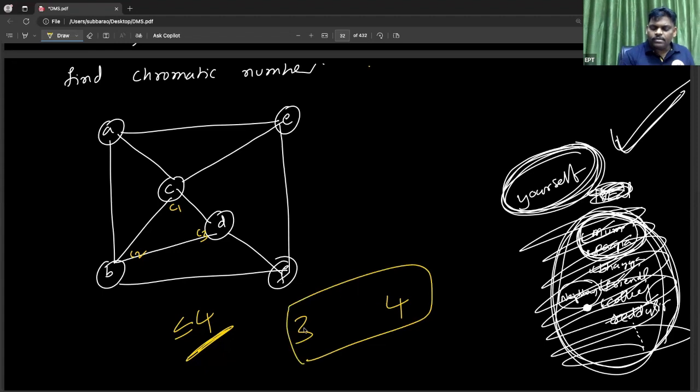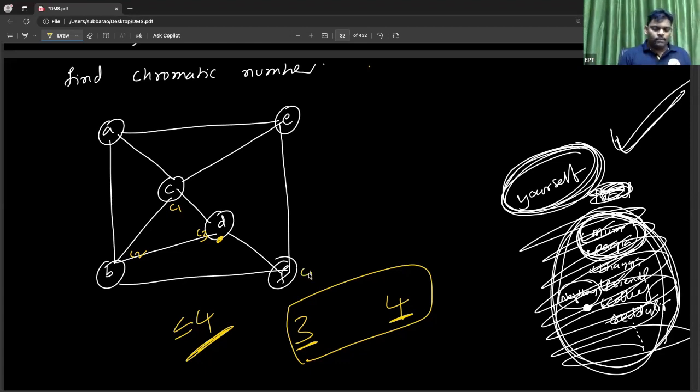Minimum 3: by seeing this cycle, I got to know minimum 3. By seeing this is planar, maximum 4. Answer is either 3 or 4. Check further. What you want to say, please verify. Can I keep C1 here?